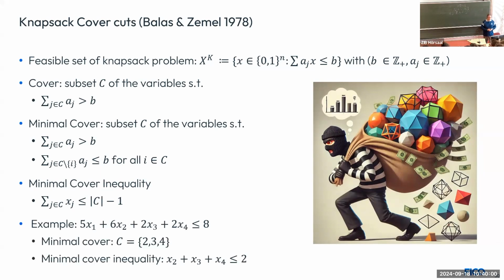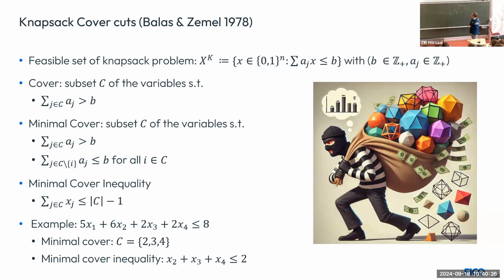Let's look at an example. Knapsack problem. So I claim that the minimal cover for that one is the set 3, 2, 4. So is it a cover? 6 plus 2 plus 2 is greater than 8. So it's a cover. Cool. And as soon as I remove one of those values here, 6 to 2, the sum will be less or equal than 8.